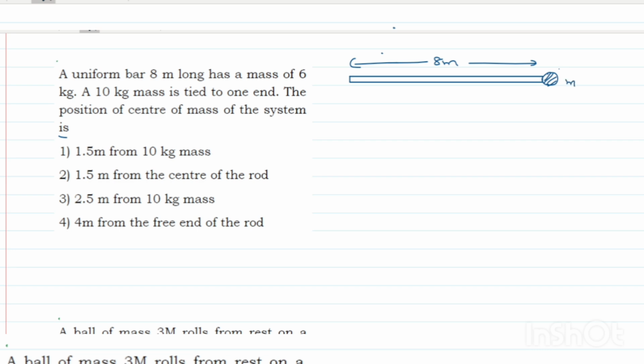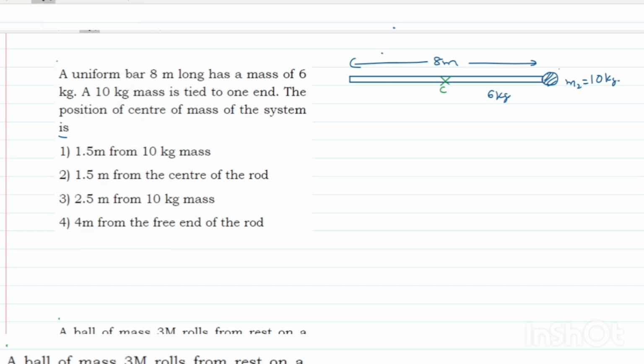This mass is given as m2, which is 10 kg, and the rod mass is given as 6 kg. Now they are asking the position of the center of mass of the system, students. For the uniform rod, the center of mass is located exactly at the center.